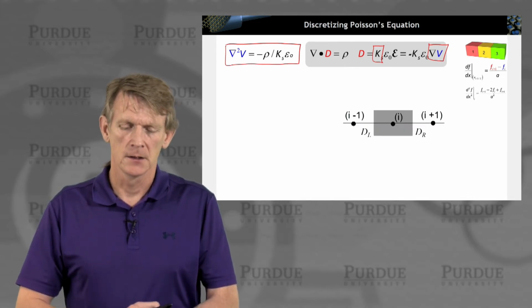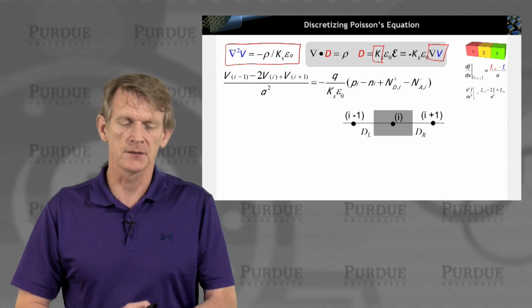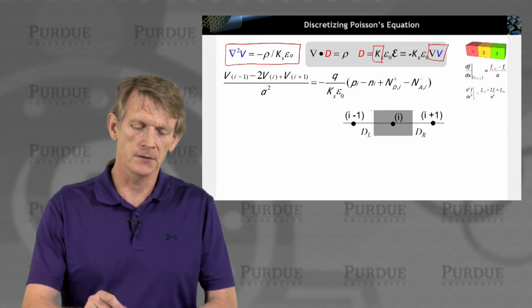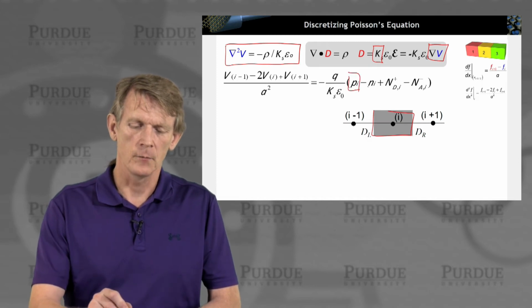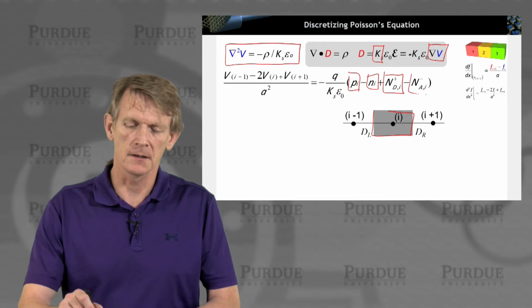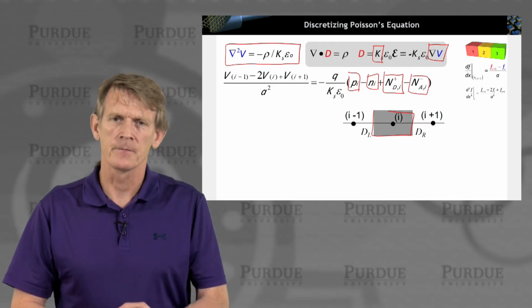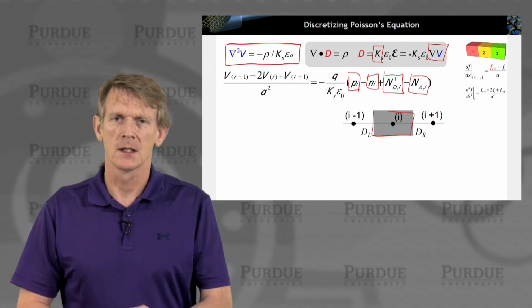All right, so we discretize that over some control volume. This has the second order differential in it. For each site in this volume, we have hole density minus electron density plus donor density minus the ionized acceptor density. All right, so we smooth out everything in these volumes.